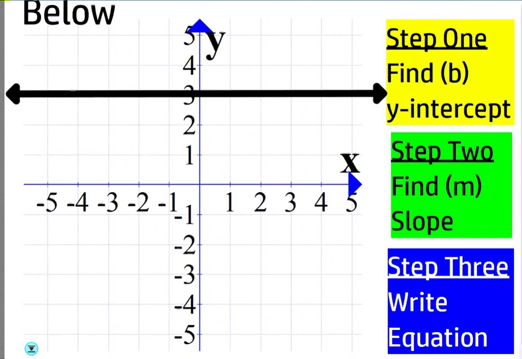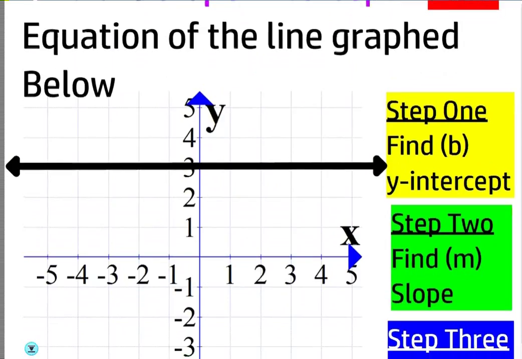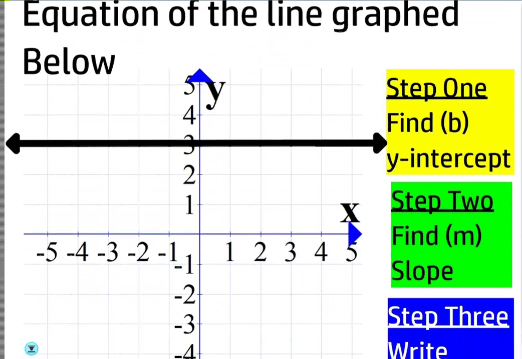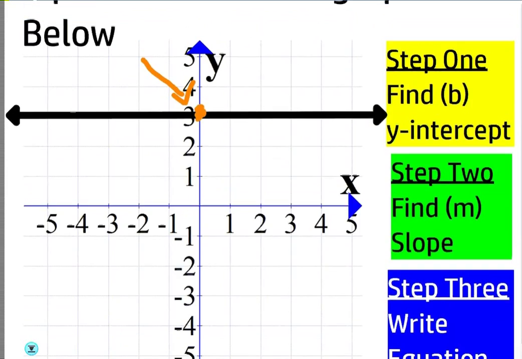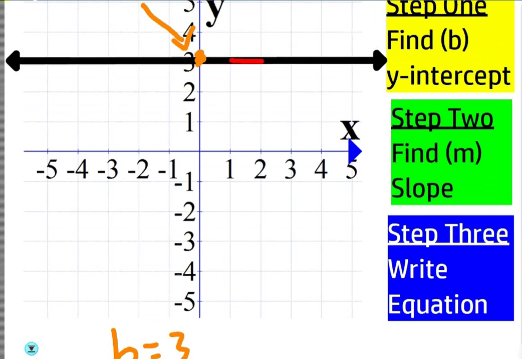Okay. So first of all, what's the y-intercept of this line? Well, there's a shortcut to this one, but what's the y-intercept of this line? 3. Okay. So b equals 3. Like I said, there is a shortcut. What's the slope? 0. Because there is no rise. It's all run, right? So it's 0 over 1 or whatever, which is just 0.